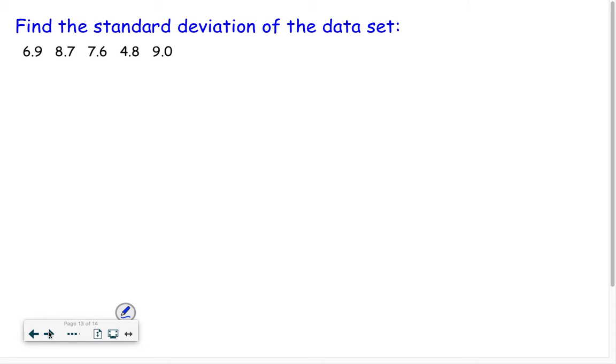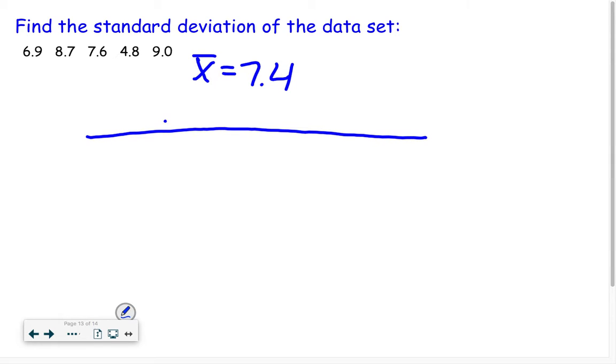First thing I do is find the mean. I got 6.9, 8.7, 7.6, 4.8, and 9. What is my mean? 7.4. Oh, you gotta divide. Okay, set up our chart. First thing I have is my x's.